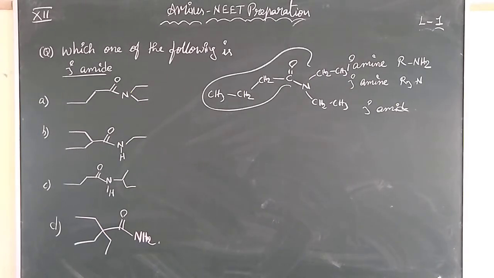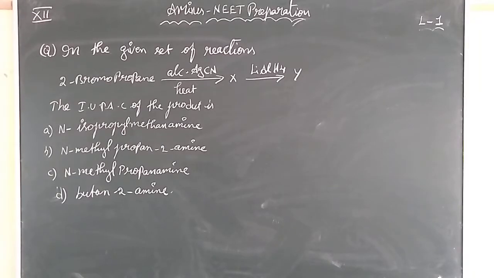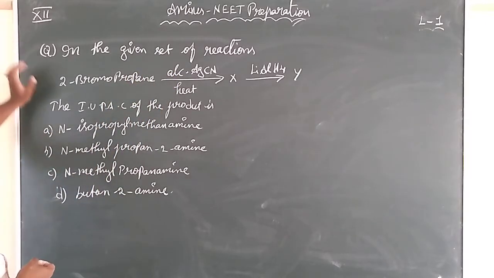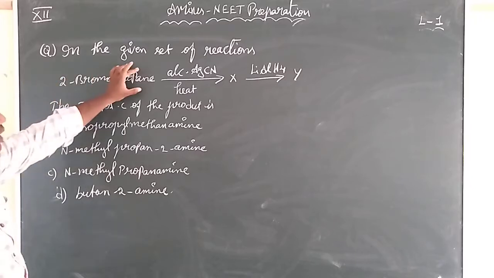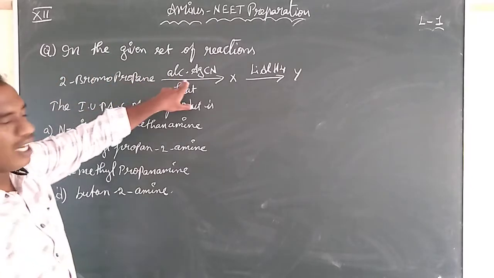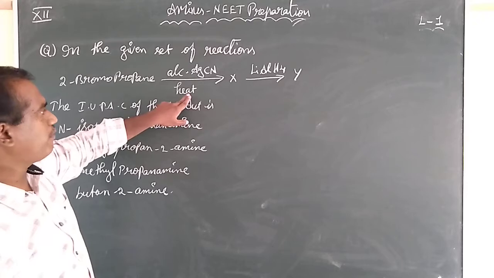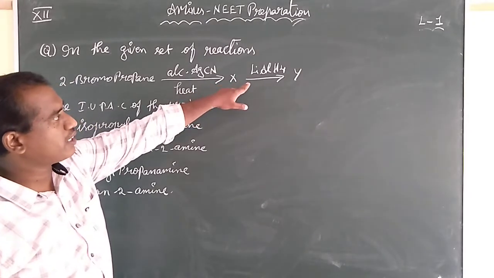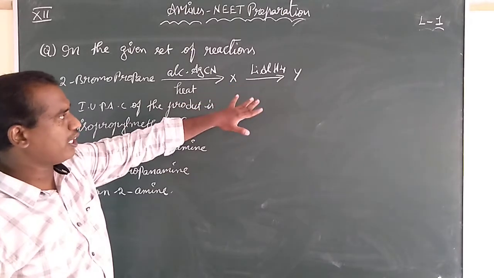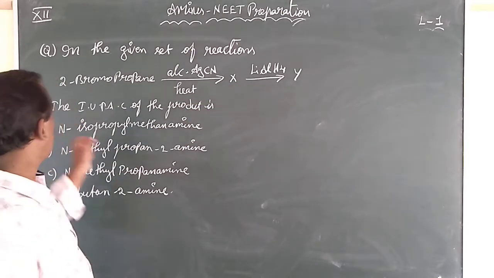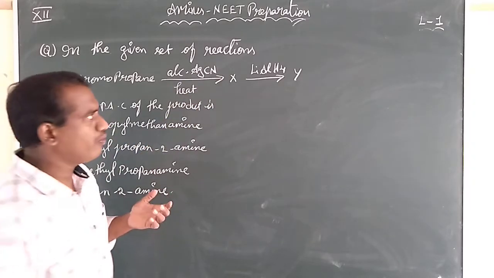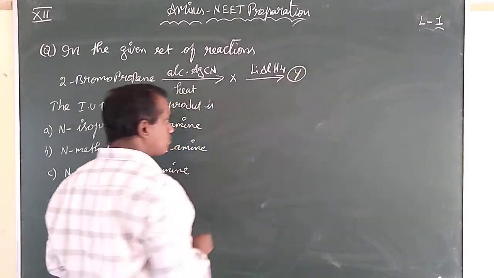So write down the next question, children. See the question here. In the given set of reactions, 2 bromopropane is reacted with alcoholic silver cyanide followed by heating, forming some product X. Further it is reacted with lithium aluminum hydride, forming the product Y. We need to find the IUPAC name of the final product.